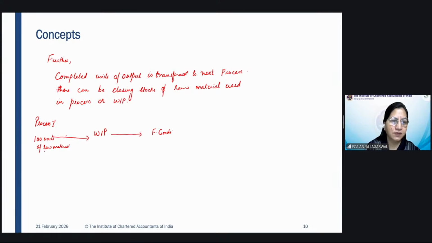It is possible that during a period, all 100 units of finished goods are produced. When I say finished goods, it is the output of process one, which is complete for process one only, not the completed output which is to be sold in the market.